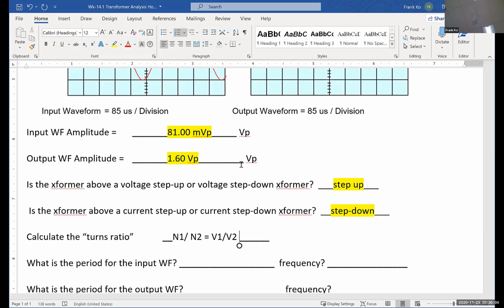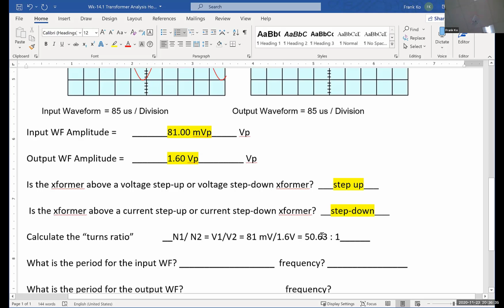That would be equal to 81 millivolts divided by 1.6 V. And Sarah, what do you have? 50.63 milli ratio. 50.63, and then you could write it this way, 50.63 milli to 1.